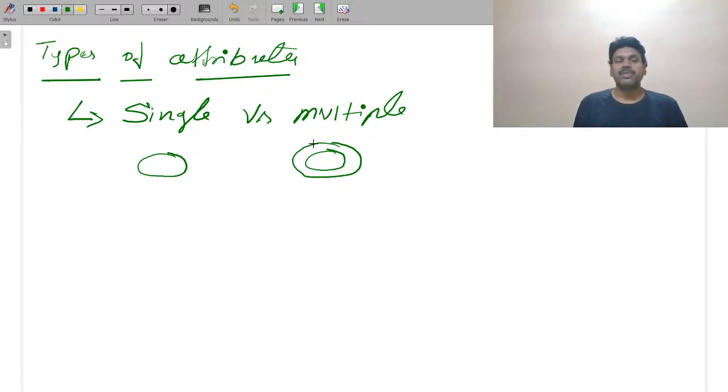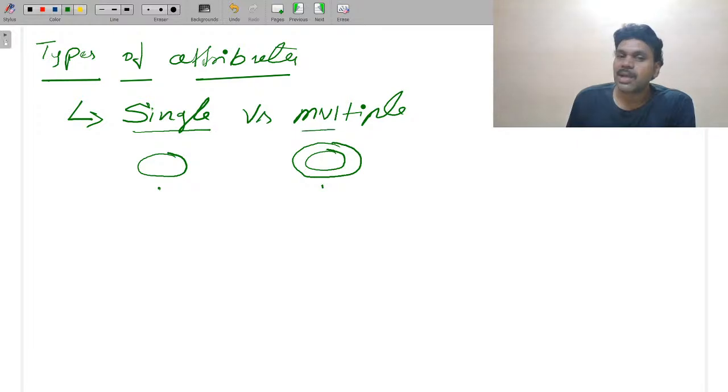But observe carefully, this is okay in the ER model but not okay in the relational model. We learned in the last series of lectures on schema design that the relational model only accepts a single value and does not accept multiple values. But the ER model allows single values as well as multiple values.